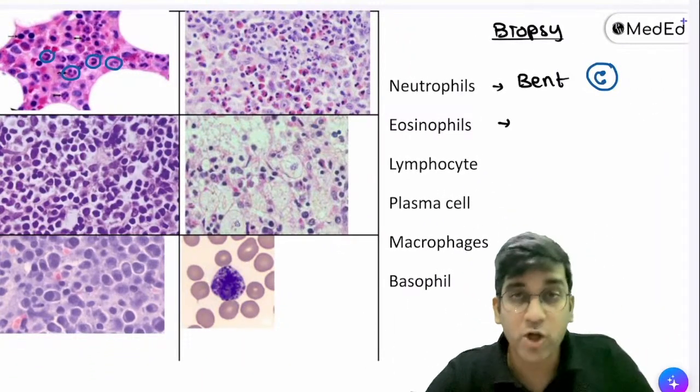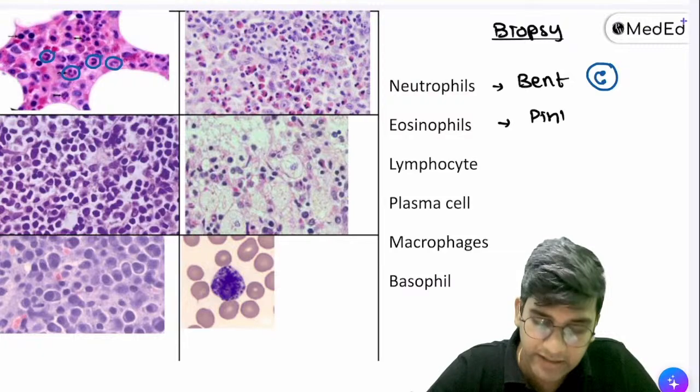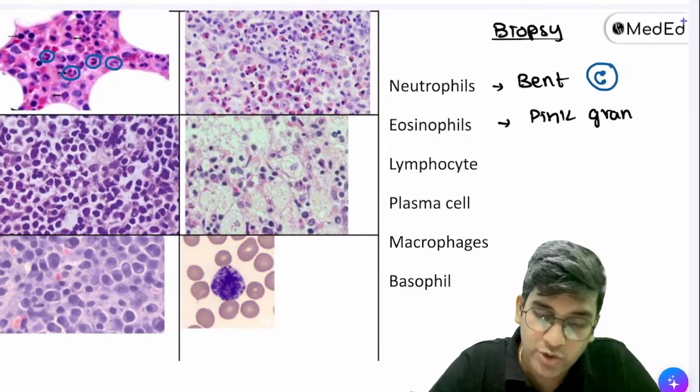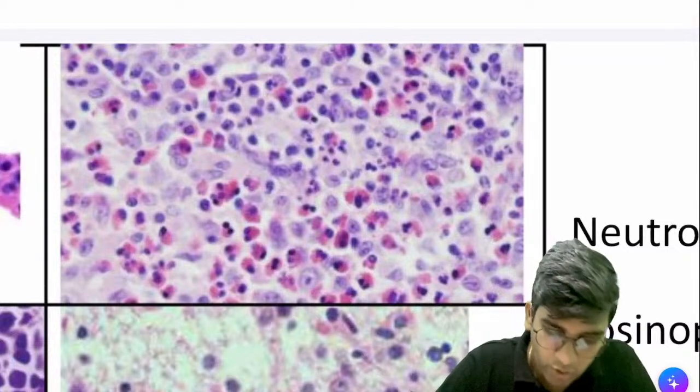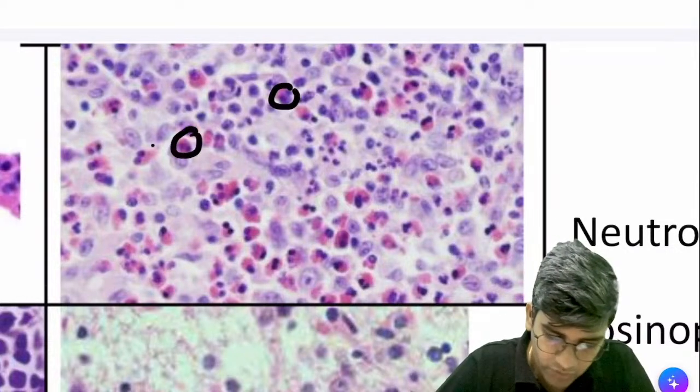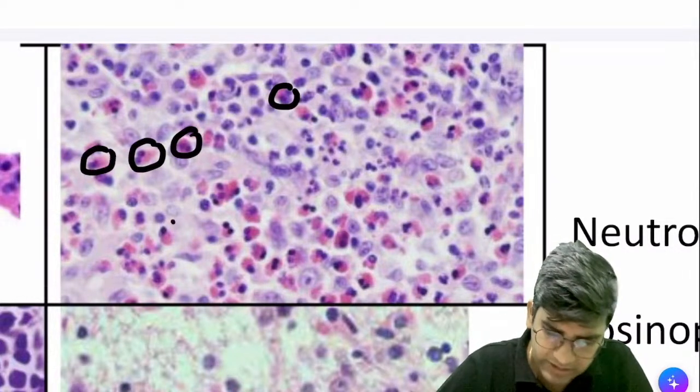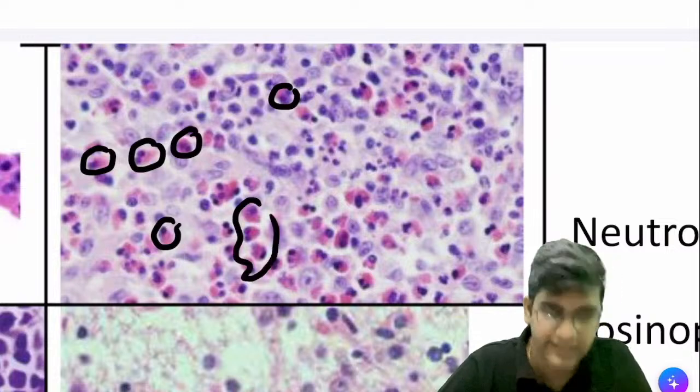Eosinophils, in a biopsy, will have pink granules. It's the granules that are pink, right? If you have pink granules, I'm going to call it an eosinophil. All these are your eosinophils, all the cells with multiple pink granules, right?